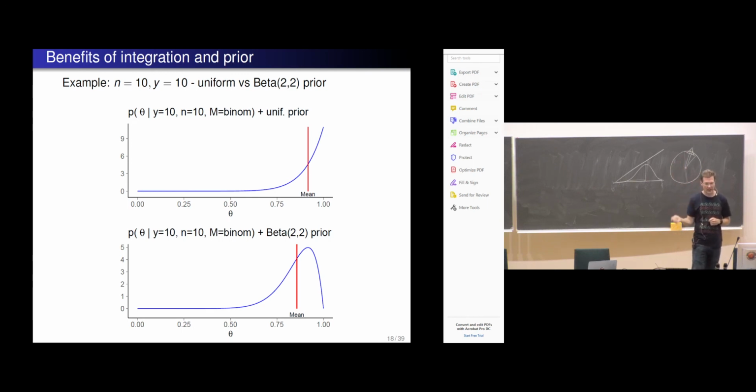So after the integration, our inference is also more stable. This is overall why Bayesian modeling often works better: it's more stable given small perturbations in data because of this integration.